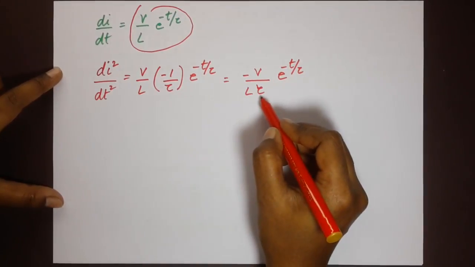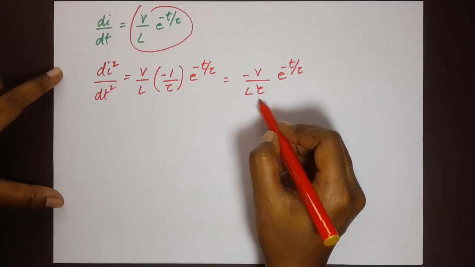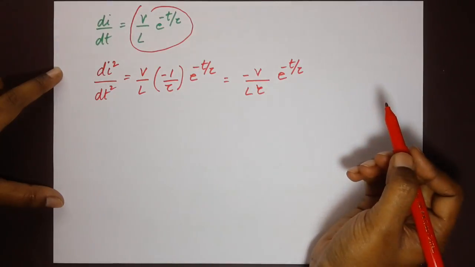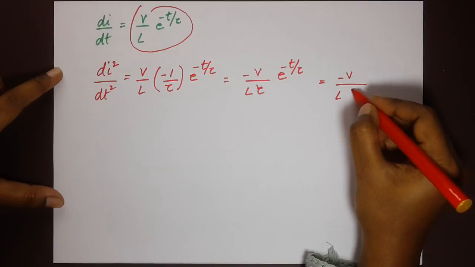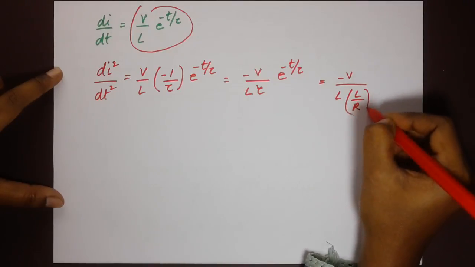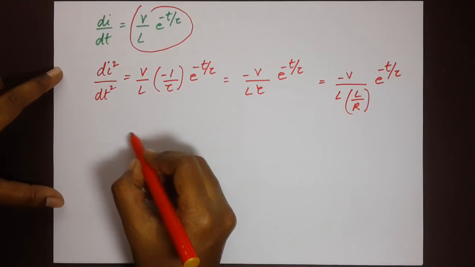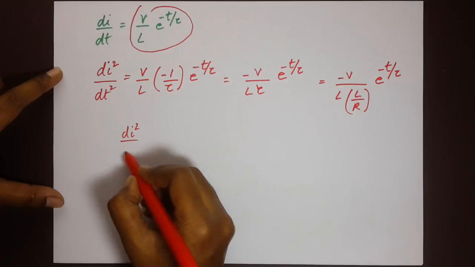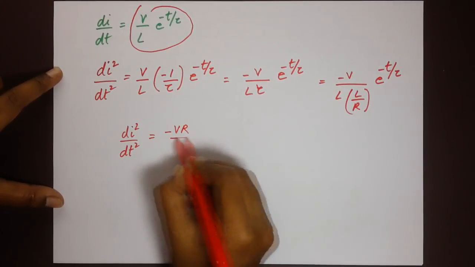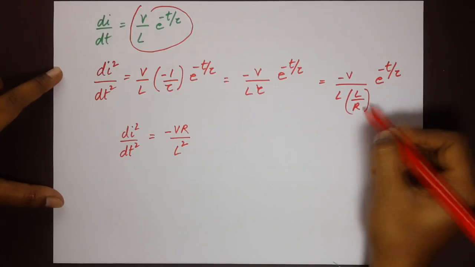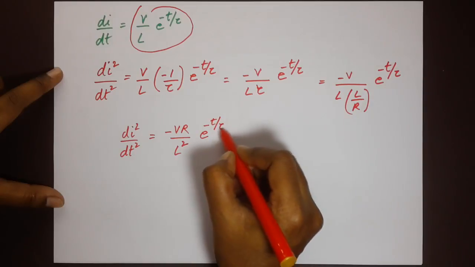Now let's substitute the expression for tau, which is L by R. What do we get? Minus V by L by R, e power minus t by tau. So di square by dt square equals minus VR by L square. Taking R on top, L square, we have e to the power minus t by tau.